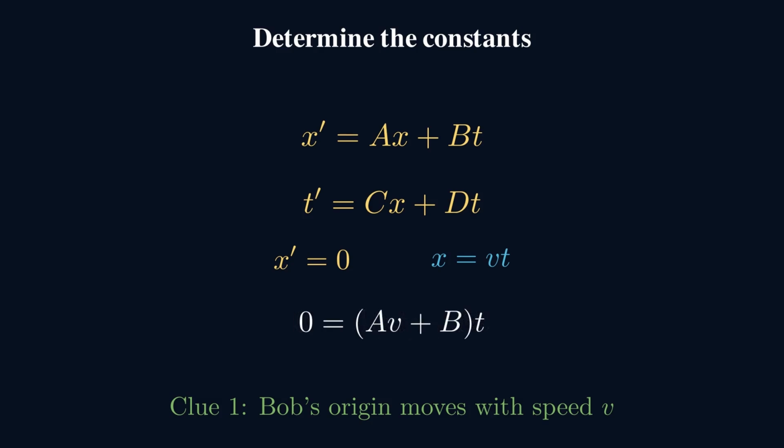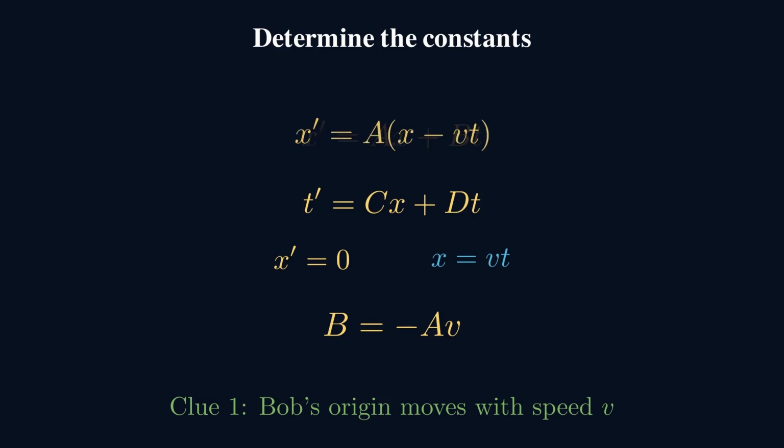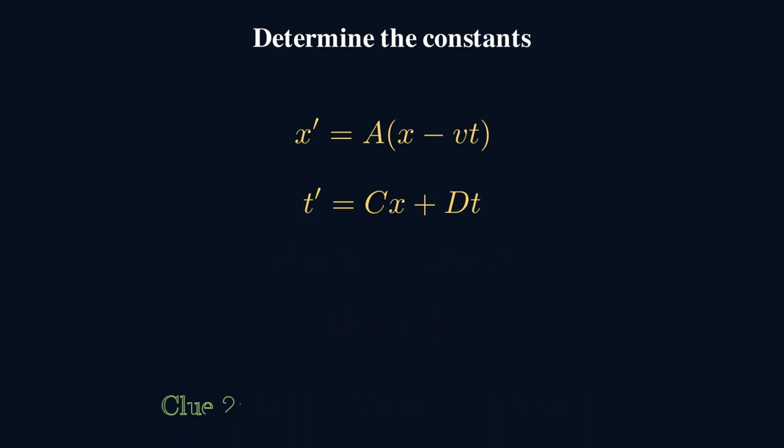And we can take out t as a common factor. And so what we end up with is b equals minus a times v. So that's one relationship. So now we have x prime is a times (x minus vt).